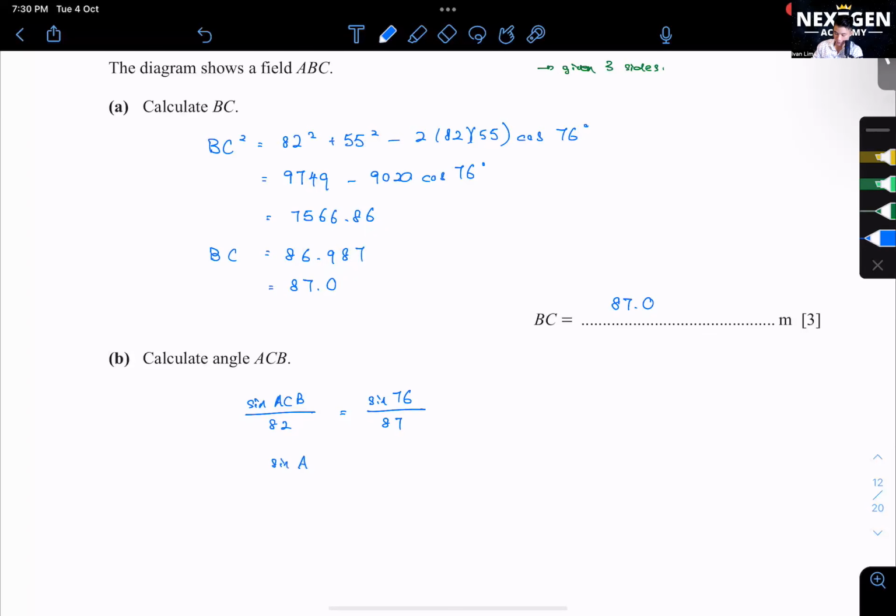Sine ACB, you just put in the calculator: sine 76 over 87 times 82, you get 0.915. Then we just shift inverse it. ACB equals inverse sine 0.915. ACB is 66.2 degrees.